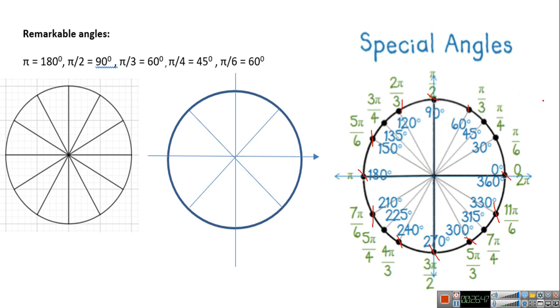This is the positive sense, and downward is the negative sense. What I want you to memorize: pi is 180, pi over 2 is 90, pi over 3 is 60, pi over 4 is 45, and pi over 6 is 30 degrees.